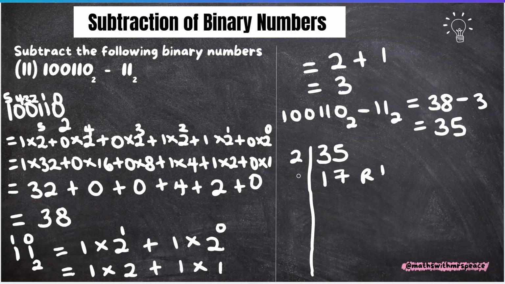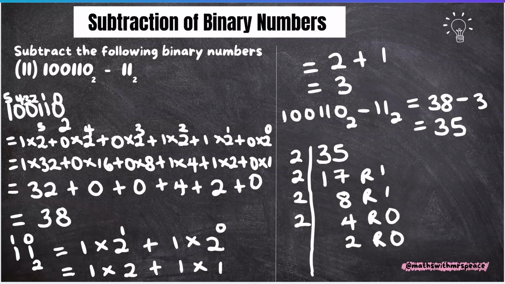We'll divide 17 again by 2. 17 divided by 2 will give us 8, remainder 1. 8 divided by 2 will give us 4, remainder 0. 4 divided by 2 will give us 2, remainder 0. 2 divided by 2 will give us 1, remainder 0. And 1 divided by 2 will give us 0, remainder 1.